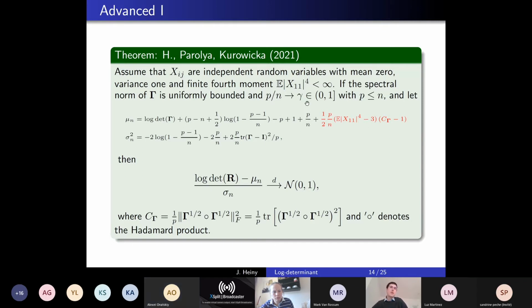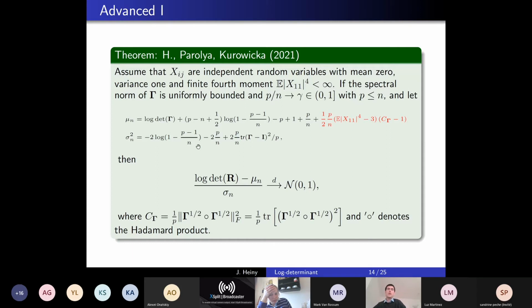Okay, this is an excellent question that you ask. And indeed, there's a different phenomenon happening in the case gamma equals 1. If gamma is 1, if you look at the variance here, this variance tends to infinity. And if gamma is below 1, then this variance tends to a constant.